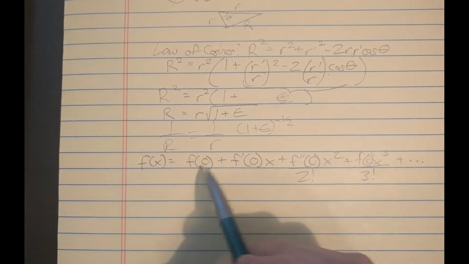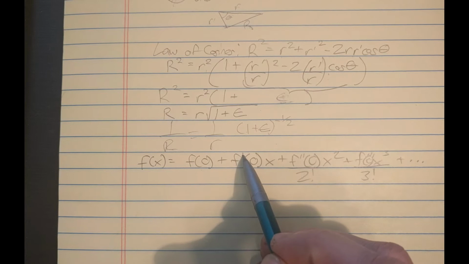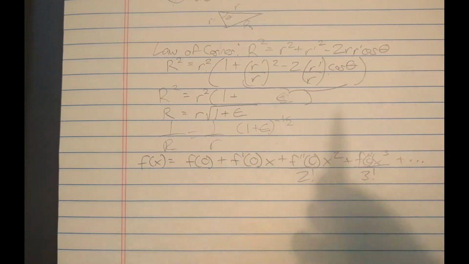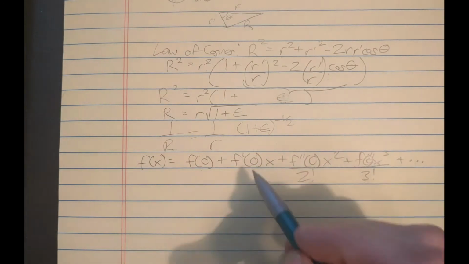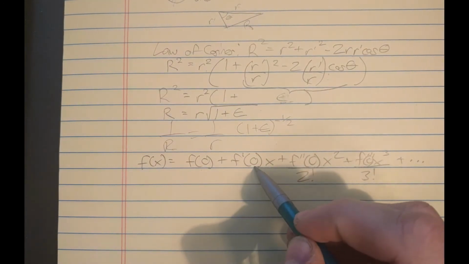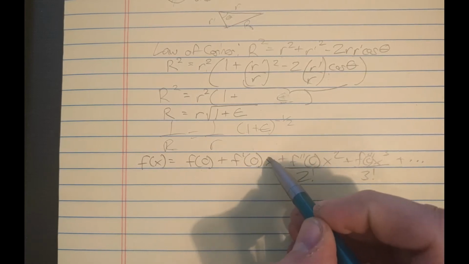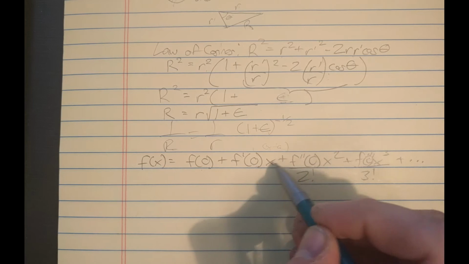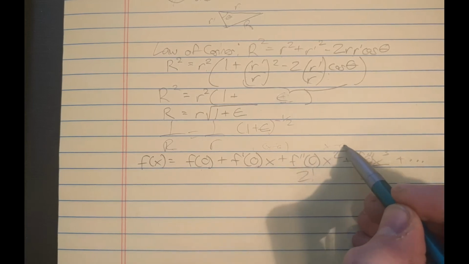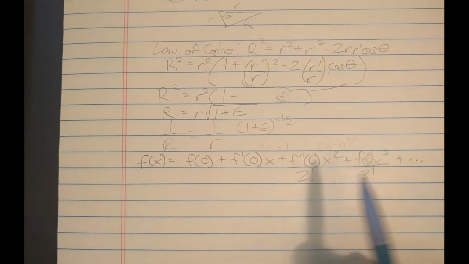You can see each term, the nth term, has an nth derivative in it, evaluated at 0. If we were doing a general Taylor series, you would just replace the 0 with an a, and instead of x, you'd write x minus a. So here would be x minus a squared, for instance.